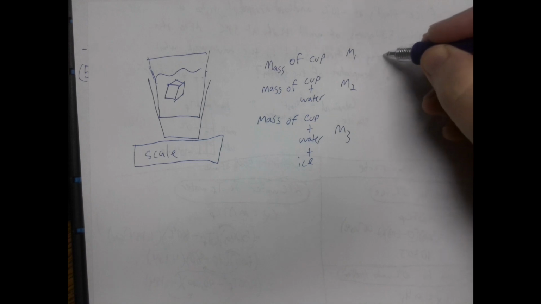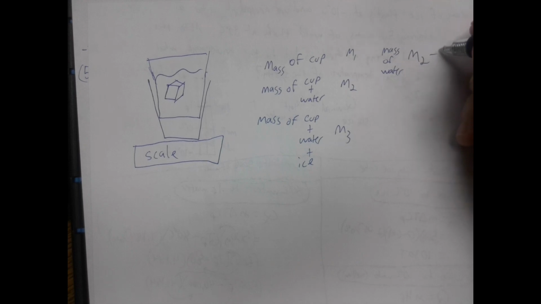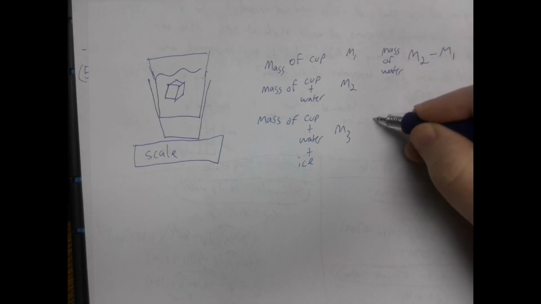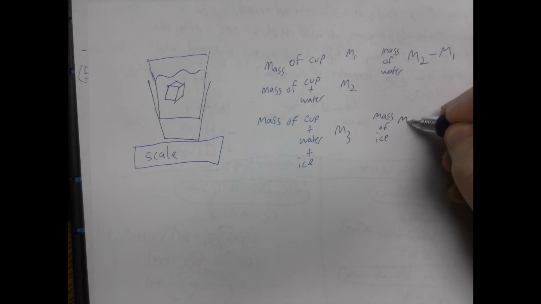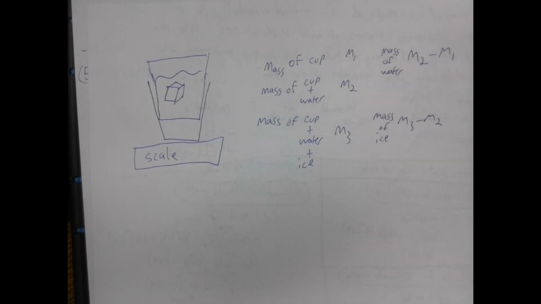So the mass of water is just M2 minus M1, and mass of ice will just be M3 minus M2. And I have tested out to some degree the new digital thermometer, and it looks pretty good.